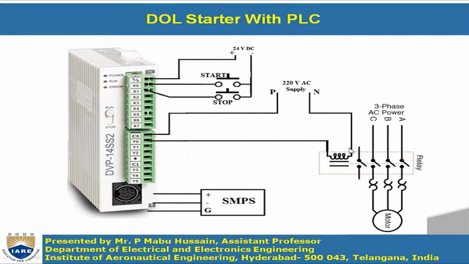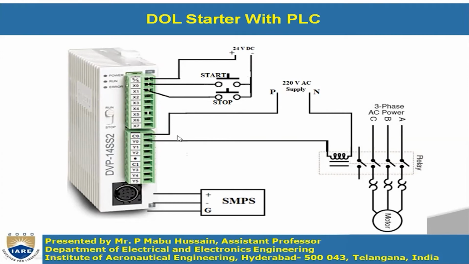Output will be this contactor coil. The contactor coil here is a 220 volts AC coil. Whenever you give 220 volts AC to this coil, all the four poles will be closed. So this coil is the output, and this will be connected to your PLC Y0.